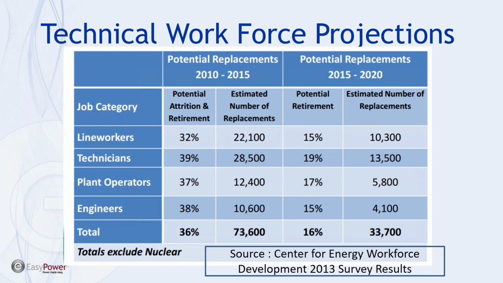Projections, again from the Center for Energy Workforce Development, are that in the 10 years from 2010 to 2020, there's roughly an expected requirement of 33,700 some odd total personnel in the technical field. And this includes line workers, technicians, operators, and engineers.